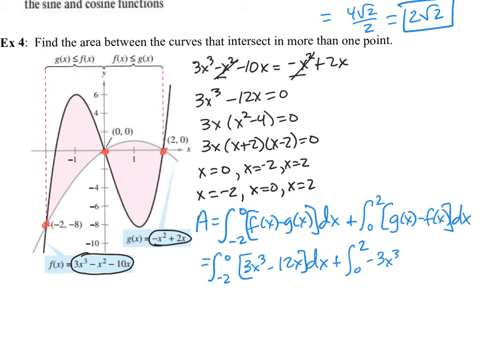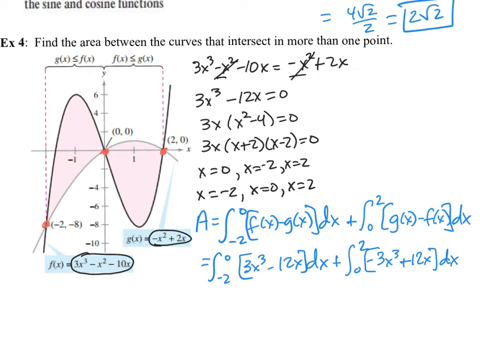And then the x squared terms would cancel again. Negative x squared minus a negative x squared cancels. And then 2x minus a negative 10x would be plus 12x. Let's put brackets around that and dx.